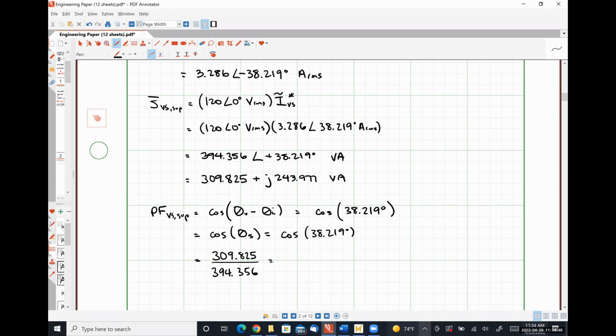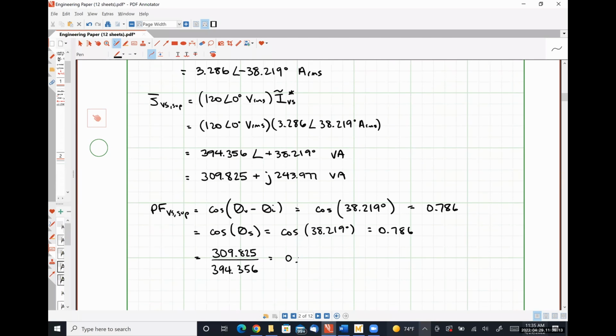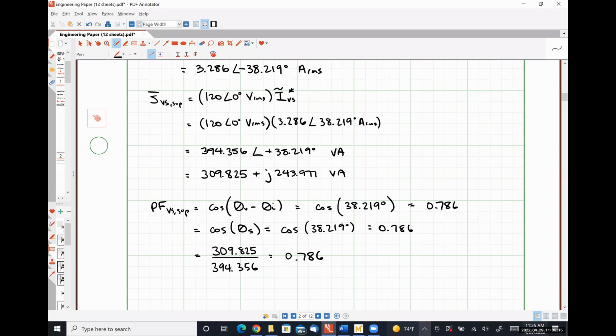And so cosine of 38.219 gives me 0.786. 309.825 over 394.356 gives me 0.786. Obviously, they should all give you the same number because it's the same thing.